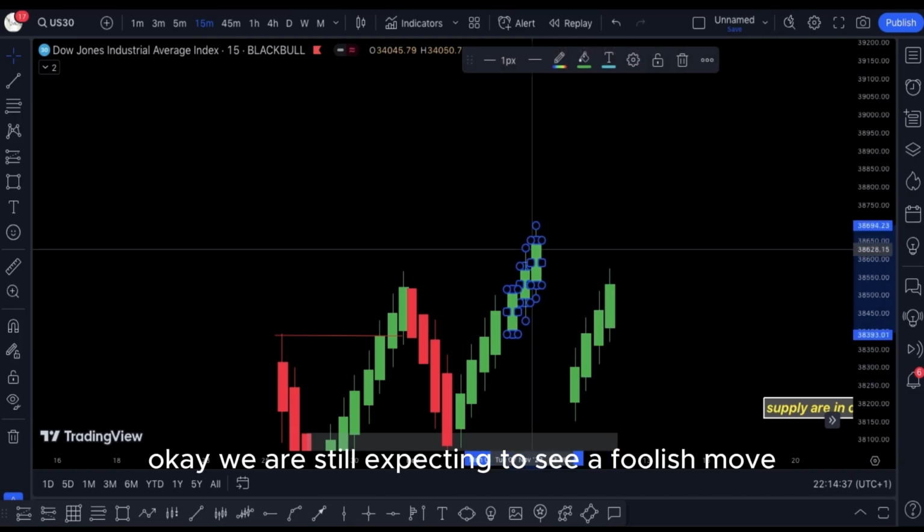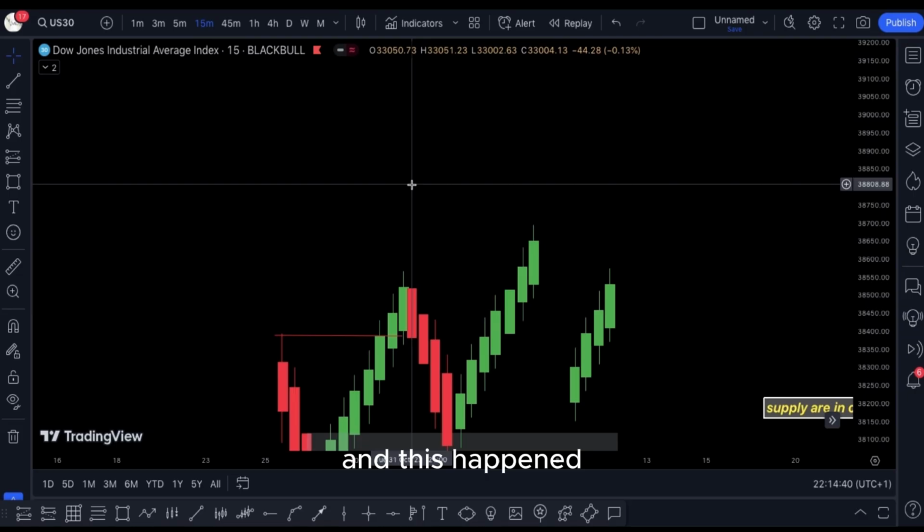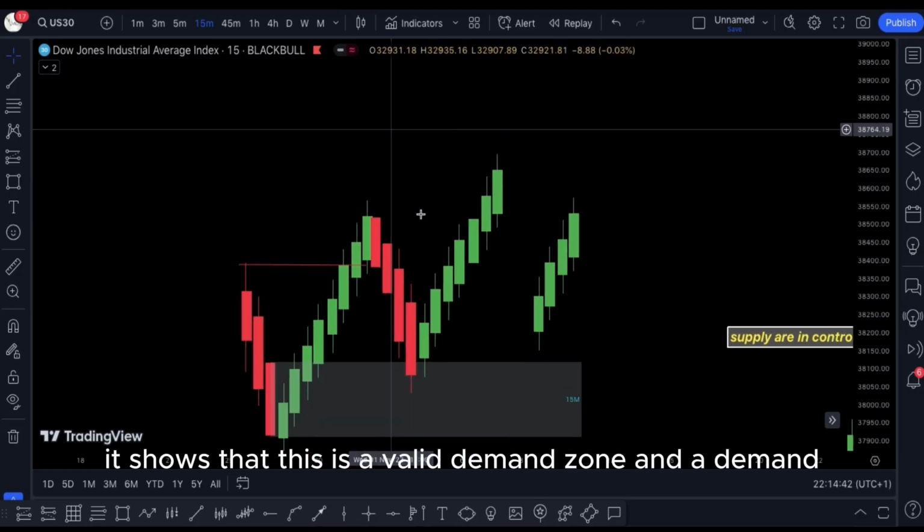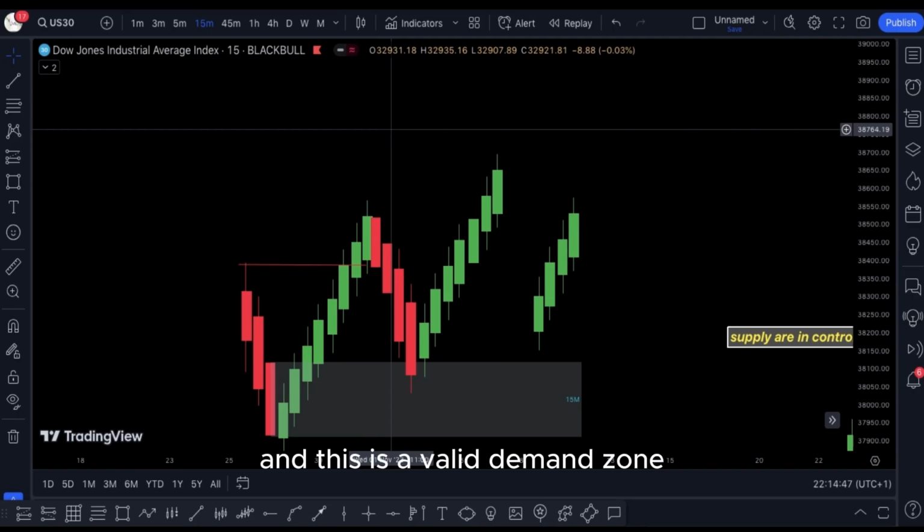We are still expecting to see a bullish move, and this happened. It shows that this is a valid demand zone, and demand is in control.